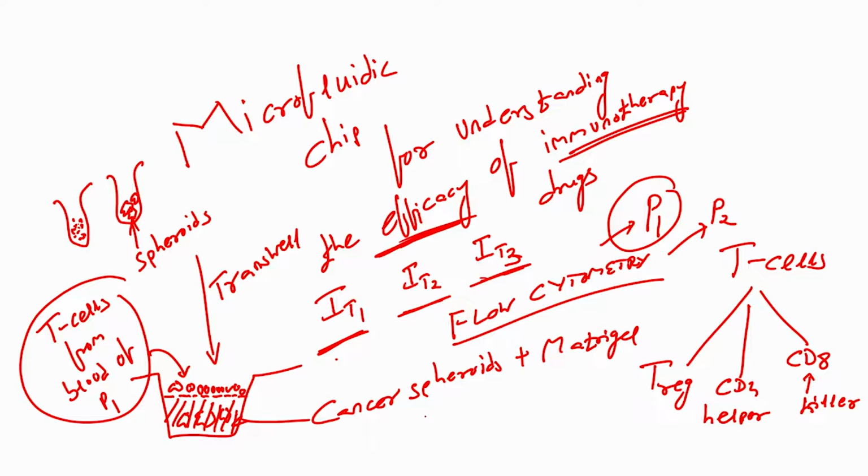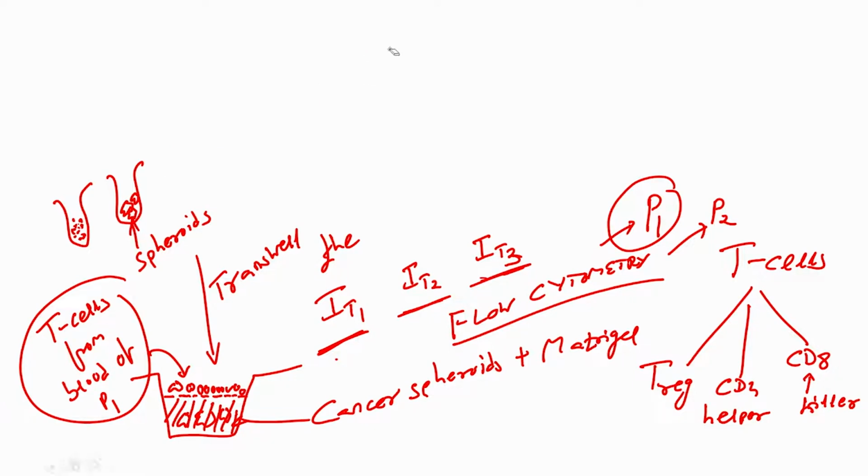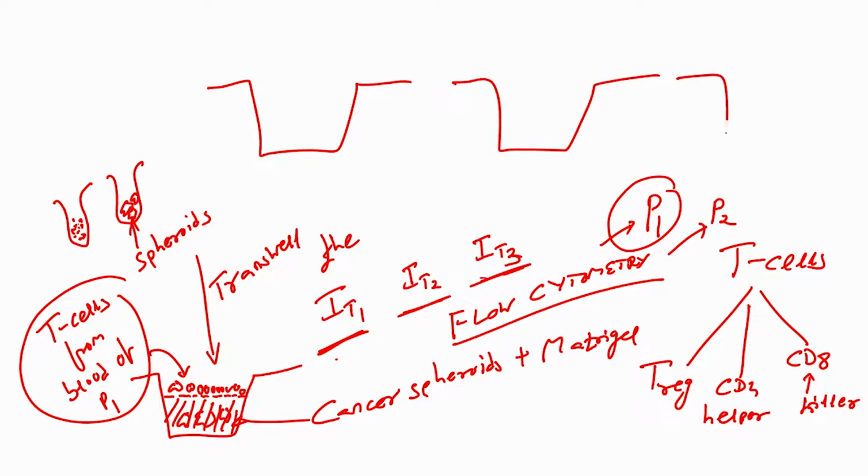Now, similarly I take 3 different transwells, right, and this transwell looks like this, and I load the spheroids with matrigel.